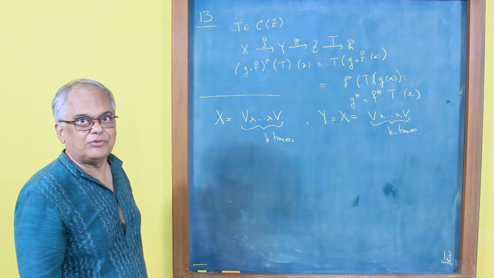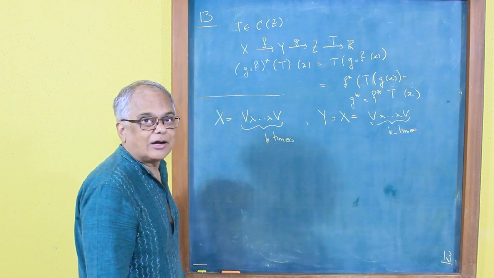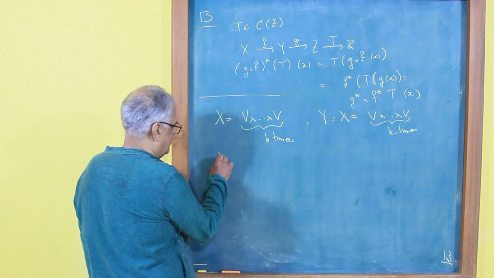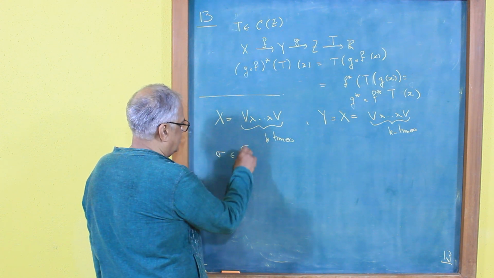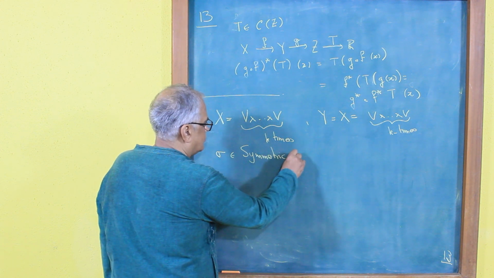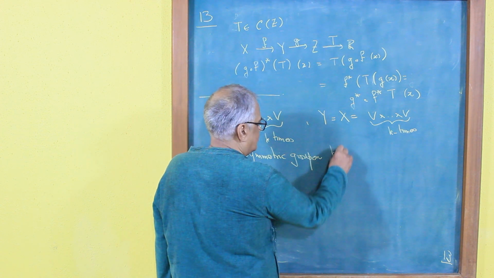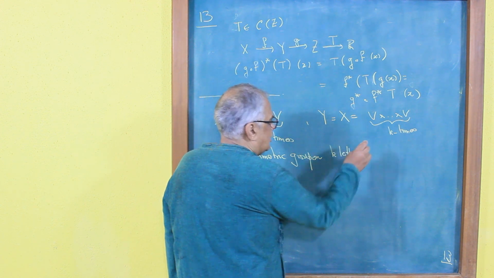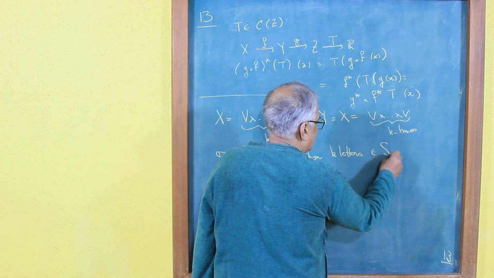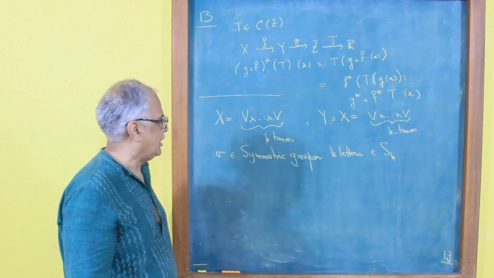The particular set of functions I want to take are these. Let sigma be in the symmetric group, and there's a symbol that is used for this, namely S_k. So let sigma be a permutation of 1 to k.